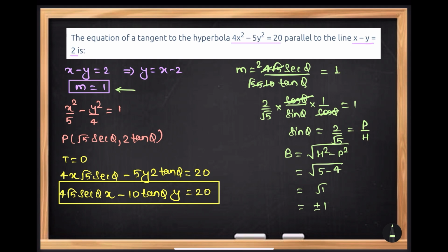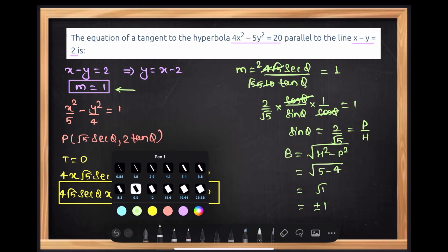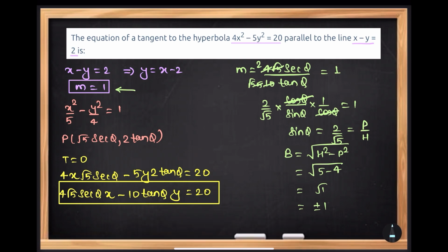Now let's update our equation of tangent. I will write 4 root 5 sec theta. Sec theta is what? Hypotenuse by base. Correct? So what is the hypotenuse?